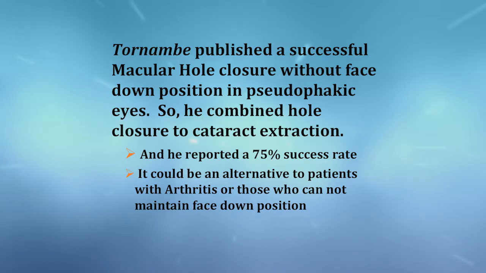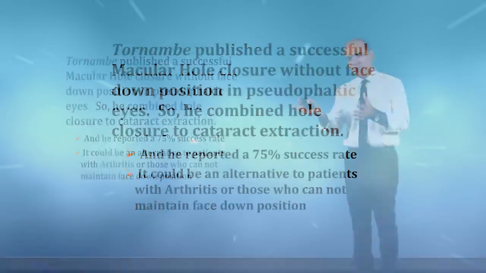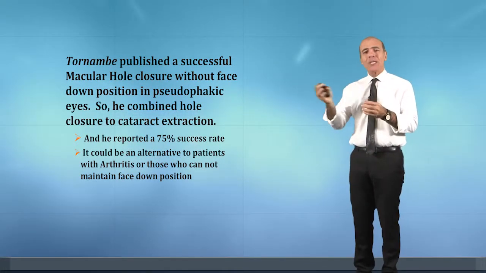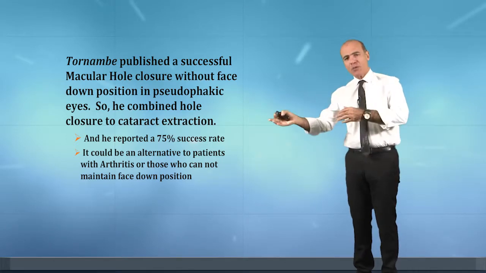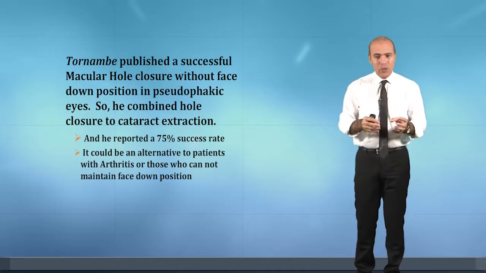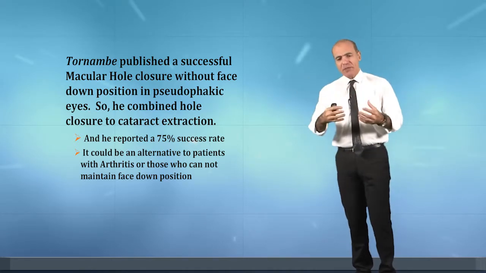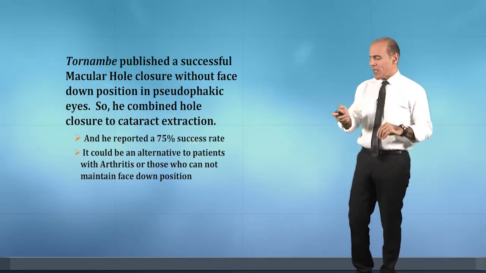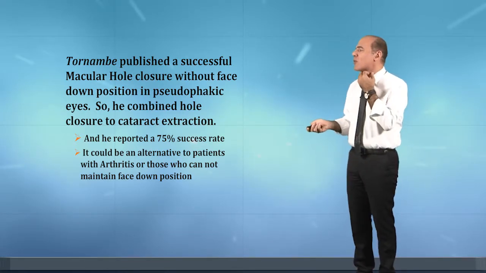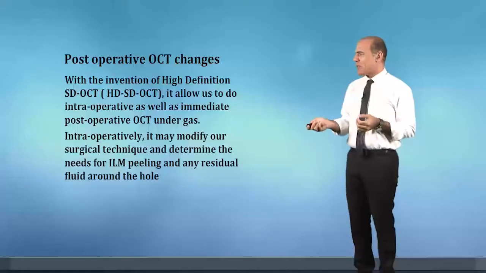So it's wiser to remove it, because we know that up to 3 years post-vitrectomy, almost 100% of our patients who have vitrectomy will experience cataract. How about if he has cataract from the start? How about the correlation between pseudophakia and the closure of the hole? So he prefers, after 50 with macular hole, to remove the cataract as a combined step to increase the rate of closure of the hole for those patients.